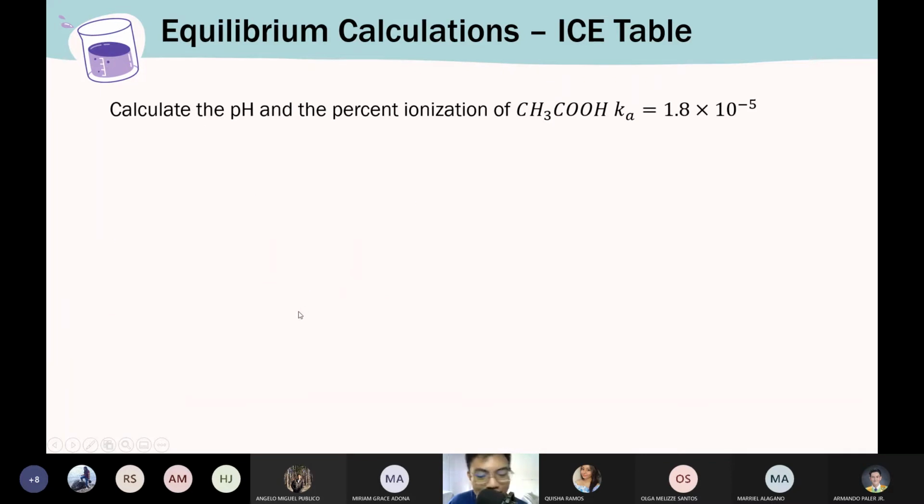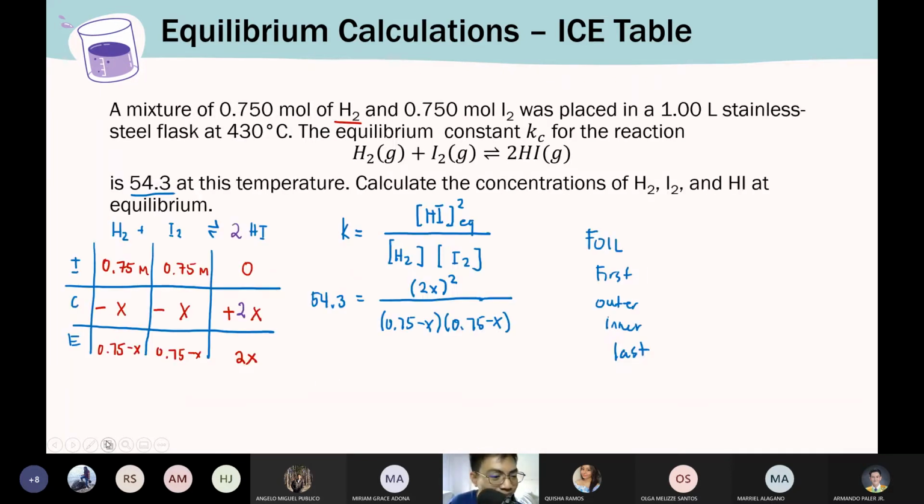Teka lang, kopyahin ko muna yung iba. Ito yung reason bakit kailangan mag-review talaga ng algebra. Itong 2x squared. By the way, ano yung 2x squared?